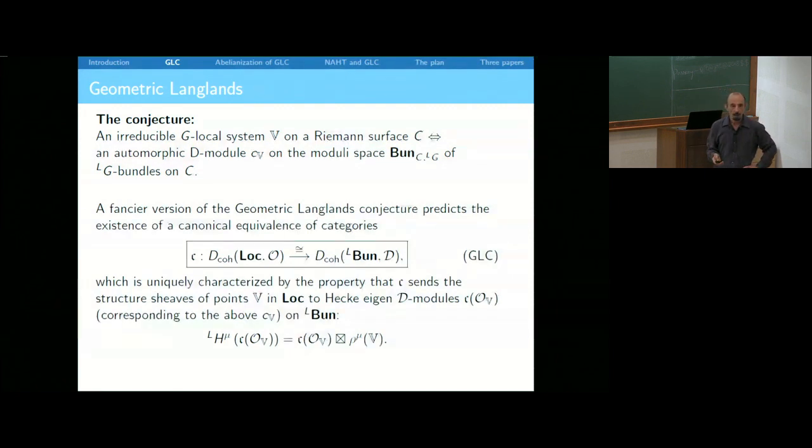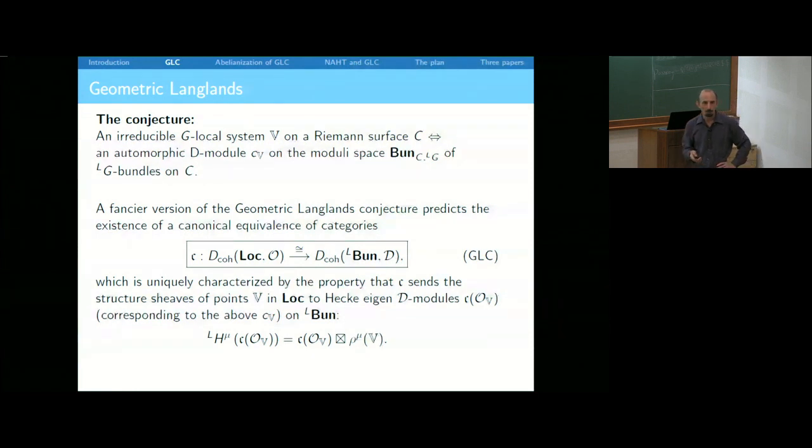Is there a meaning for irreducible on the D-modules? You mean in the cases... Or in other words, if I wanted to relax and consider reducible local systems, I would get something different. Yeah, so I talked about that a little bit last time.